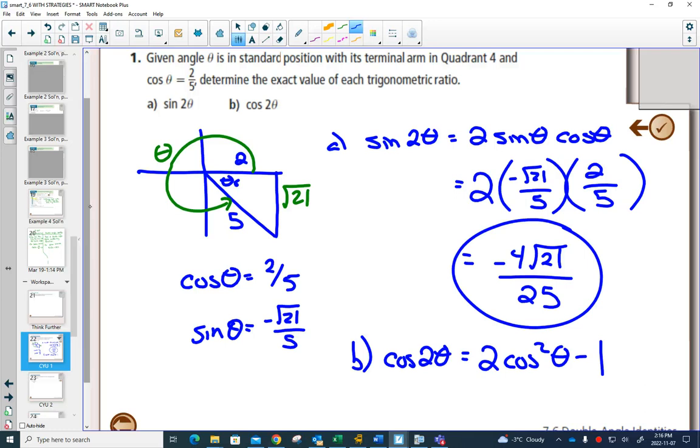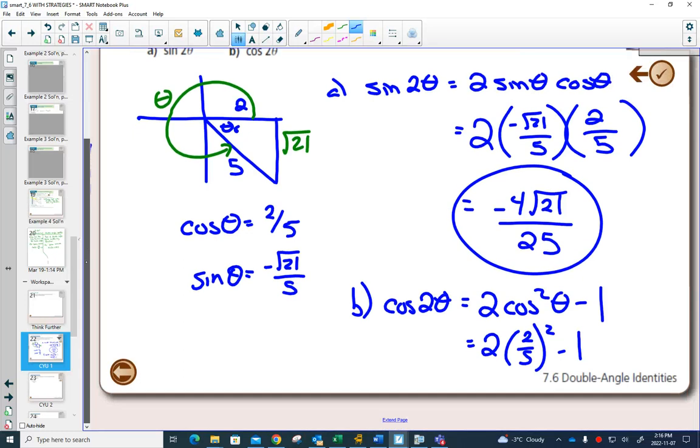Do you see that the other ones use sine theta? We figured out sine theta, but we could have made a mistake figuring it out. We didn't, but it's possible. So it is best if you use this one. You know for sure it's right because you haven't figured anything out.